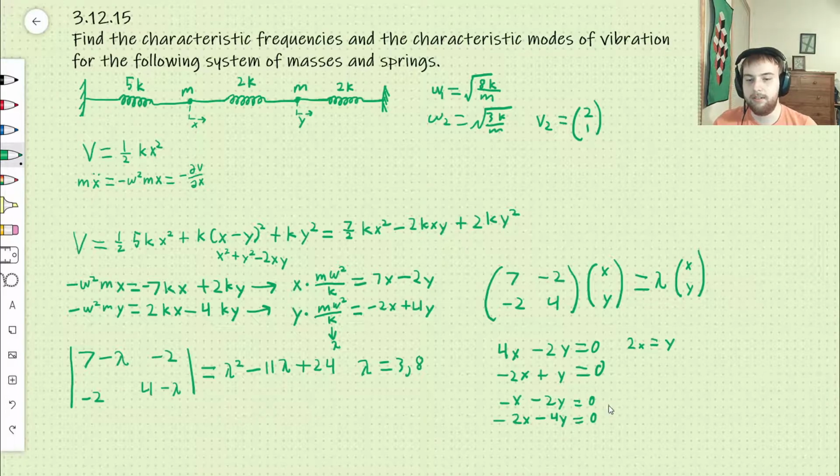They're equivalent. They're not necessarily the same, but they're equivalent. So when we solve it this way, we get x equals -2y. And so any x and y that hold to this equation have an eigenvalue of 8 and our characteristic frequency number 1.